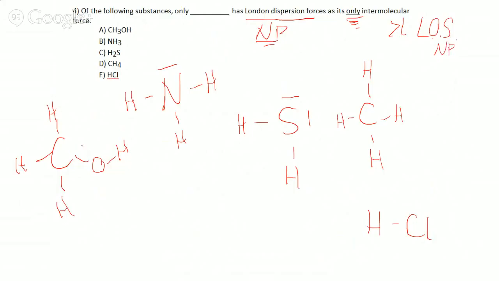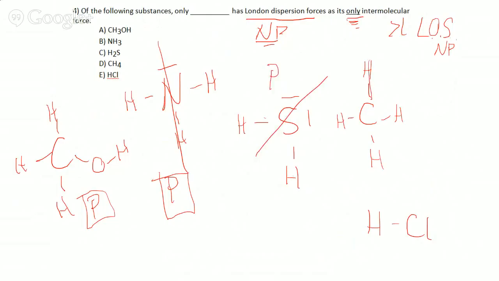CH3OH has no lines of symmetry, so this is definitely a polar molecule, so it can't be it. NH3 has one line of symmetry. It's a polar molecule, so it'll have hydrogen bonding and dipole-dipole. It's not going to have only London dispersion. SH2 is going to be a polar molecule. CH4 has multiple lines of symmetry, so it's nonpolar, and that would be our answer. It's the only one that has only London dispersion.